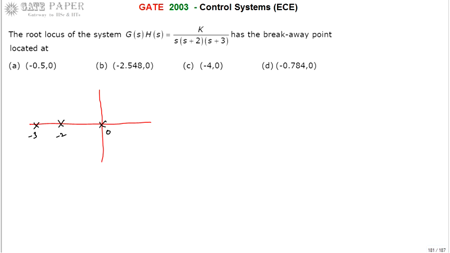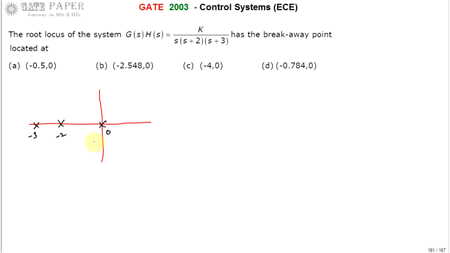Each branch originates from an open loop pole and ends at either a finite open loop zero or a zero at infinity. Since there is no finite zero in the given transfer function, the branches starting from all three poles end at zeros at infinity.